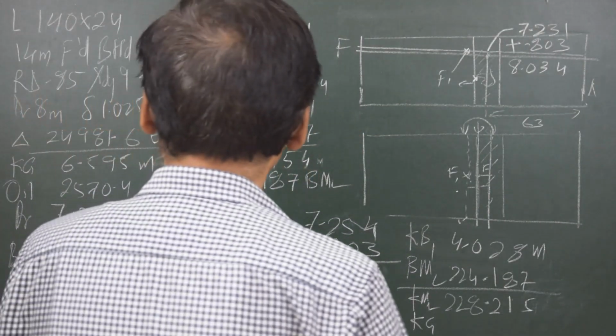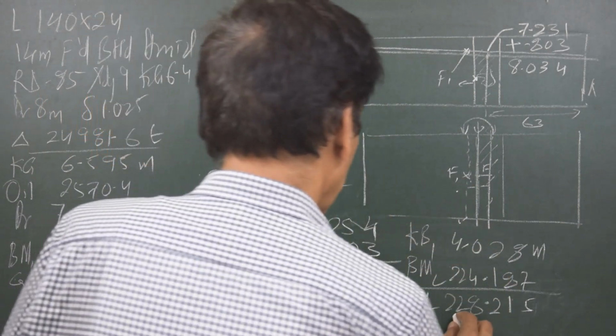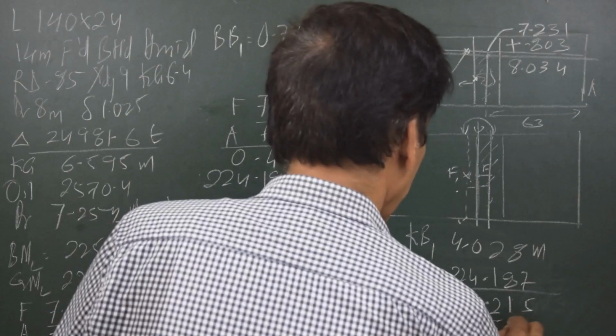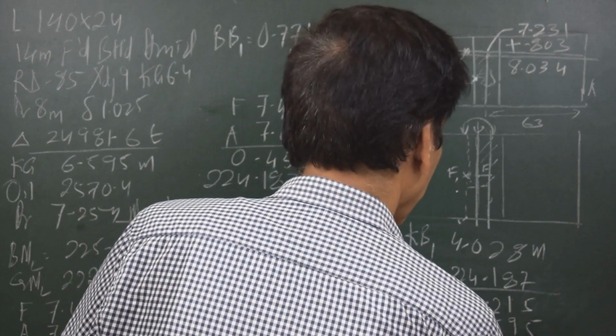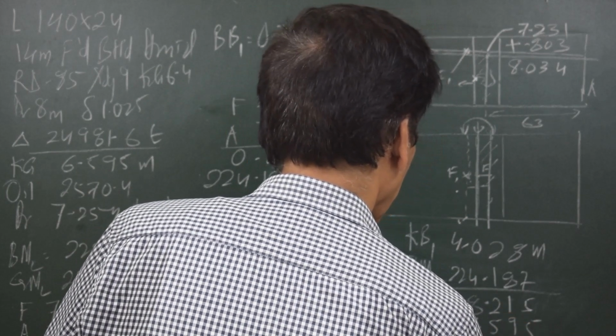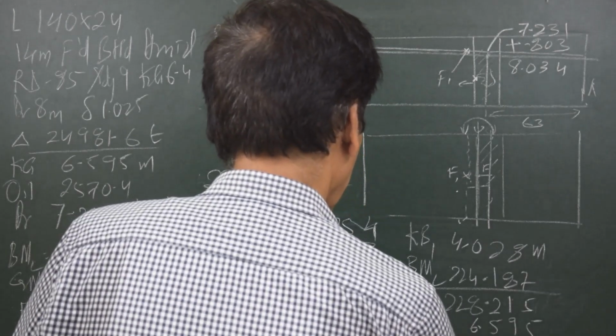Not the KG that is given in the question, but KG after pumping out of the oil, that is 6.595. 221.620 will be the GML.